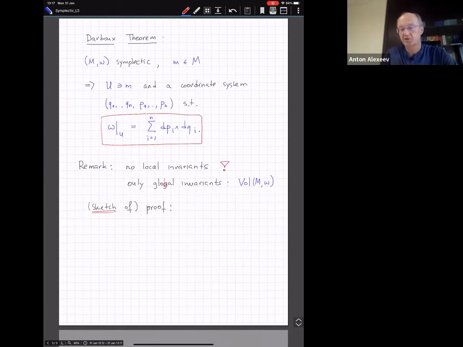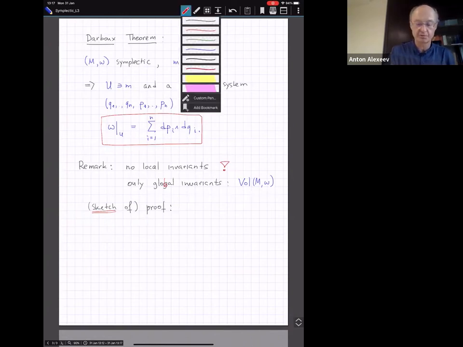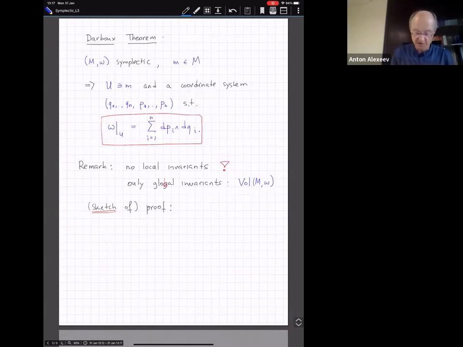You can do it yourself or look it up in the literature, but at some points my arguments won't be very detailed. They will be plausible, I hope, but lacking a little bit of analytic rigor. The proof consists of many steps. That's an interesting proof, probably the first big proof we're doing in the course.